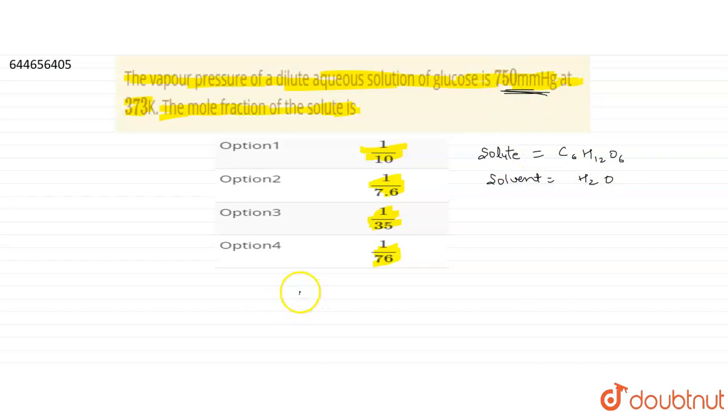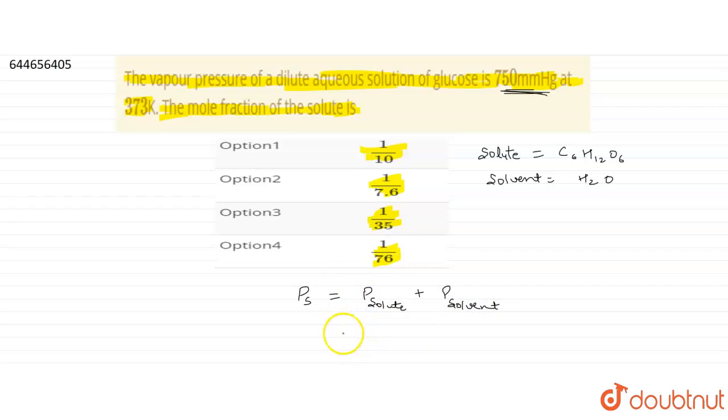And we know, according to Raoult's law, the vapor pressure of the solution, that is PS, will be equal to the partial vapor pressure of solute plus the partial vapor pressure of solvent. This is the vapor pressure of the solution.